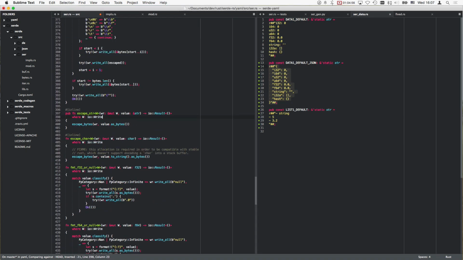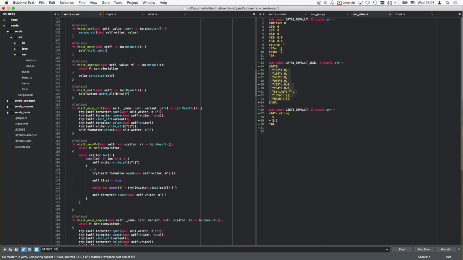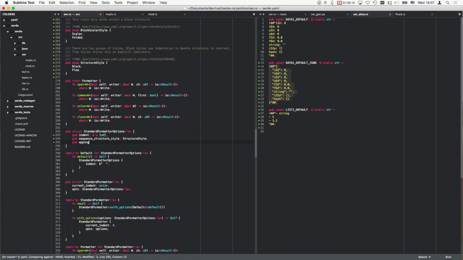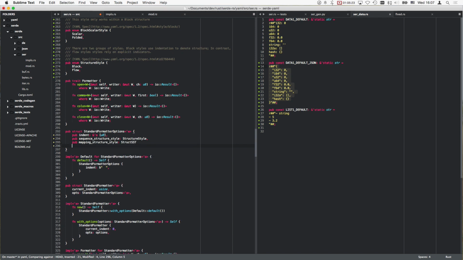Where are the struct standard formatting options? So we have a sequence structure style, which is a structure style, and a mapping structure style, which is a structure style.